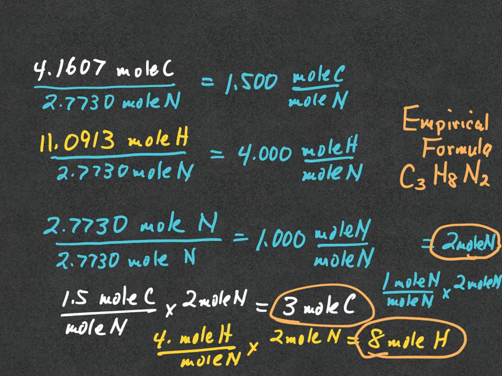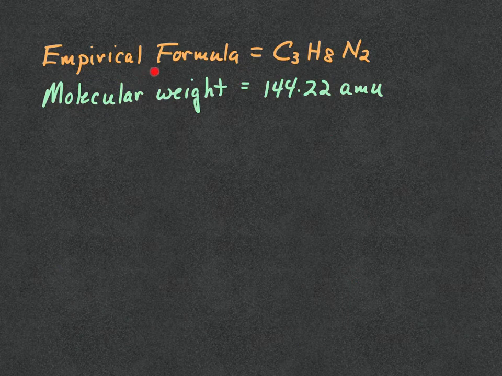Right? So we'll move to a new page to do that. So we transfer our important information to a new workspace. Right? We've got the empirical formula we just determined, and we've got the molecular weight that was given in the problem.